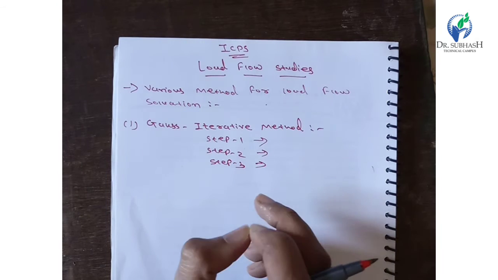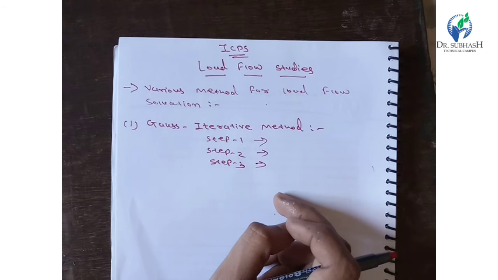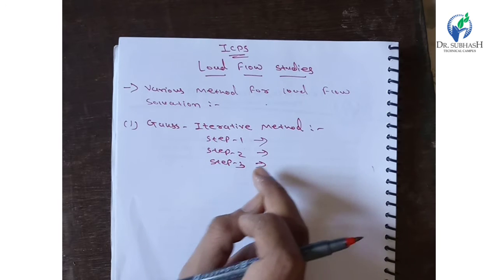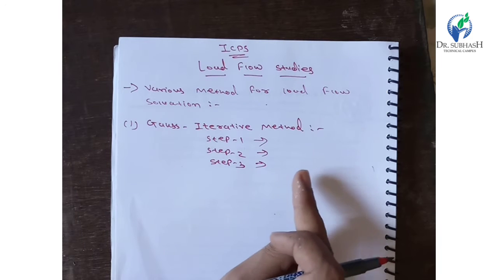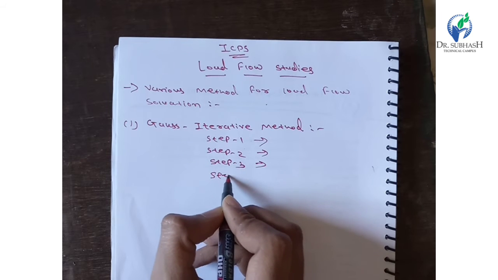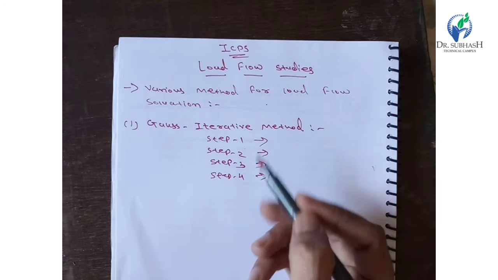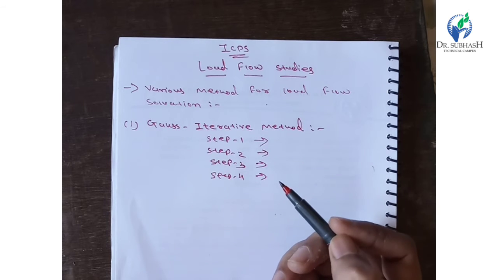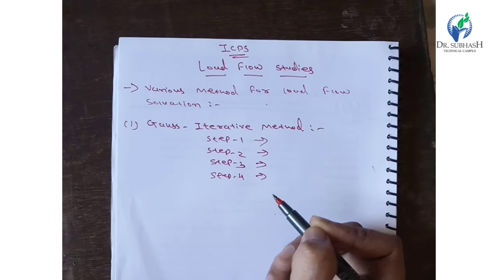The third step: the second estimate is used to find the third estimate. And step number 4: the process continues until the difference between successive estimates is approximately negligible.